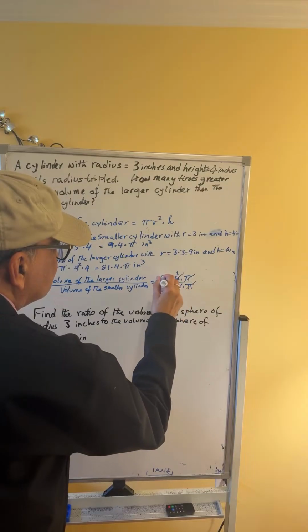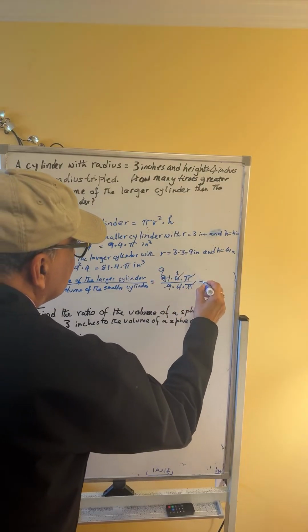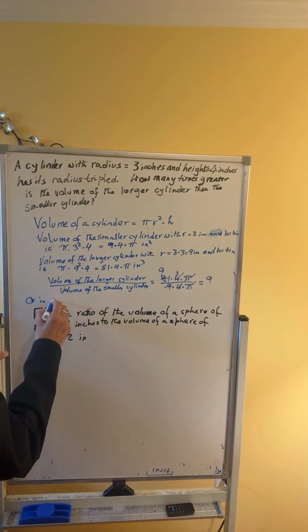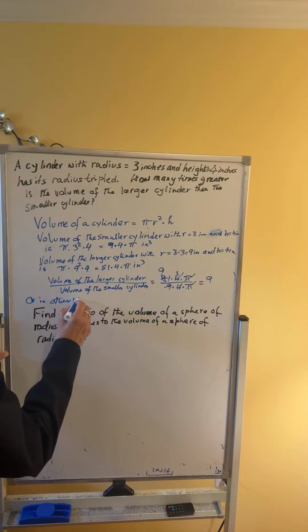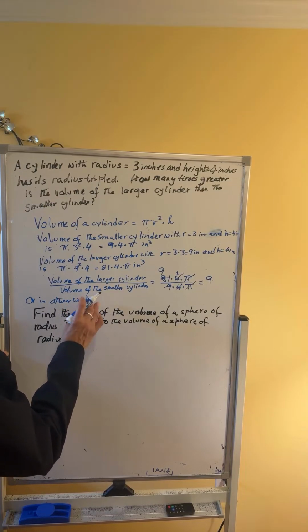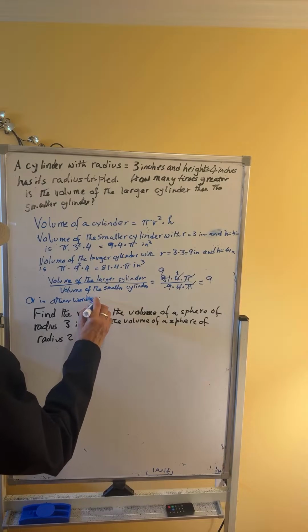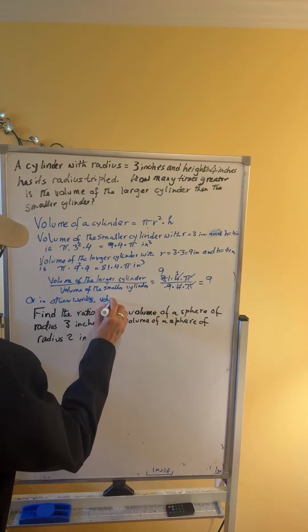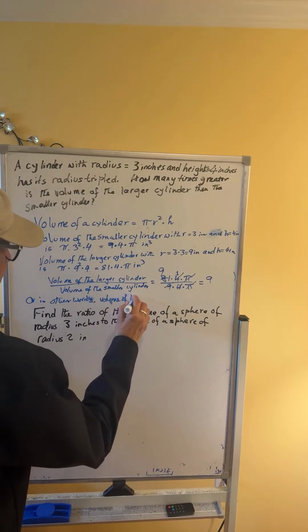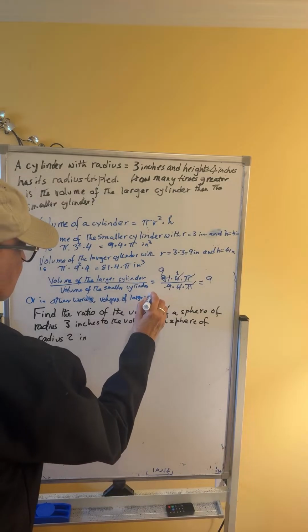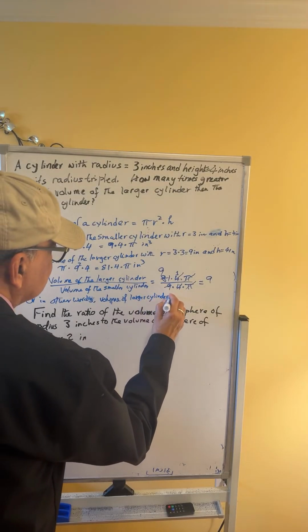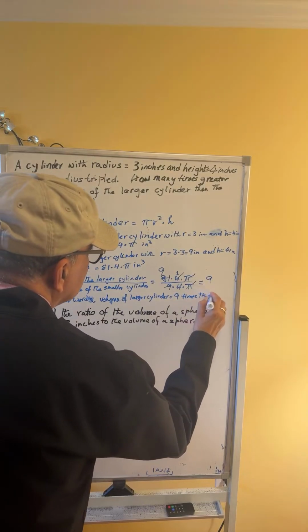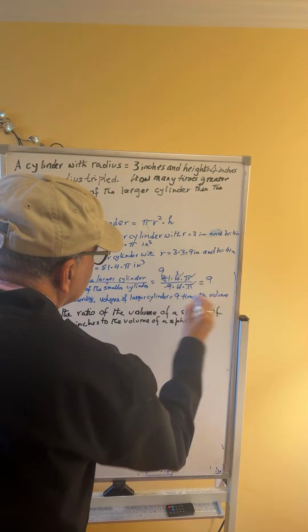Now 9 goes into 81 9 times, so in other words, the volume of the larger cylinder is 9 times the volume of the smaller cylinder.